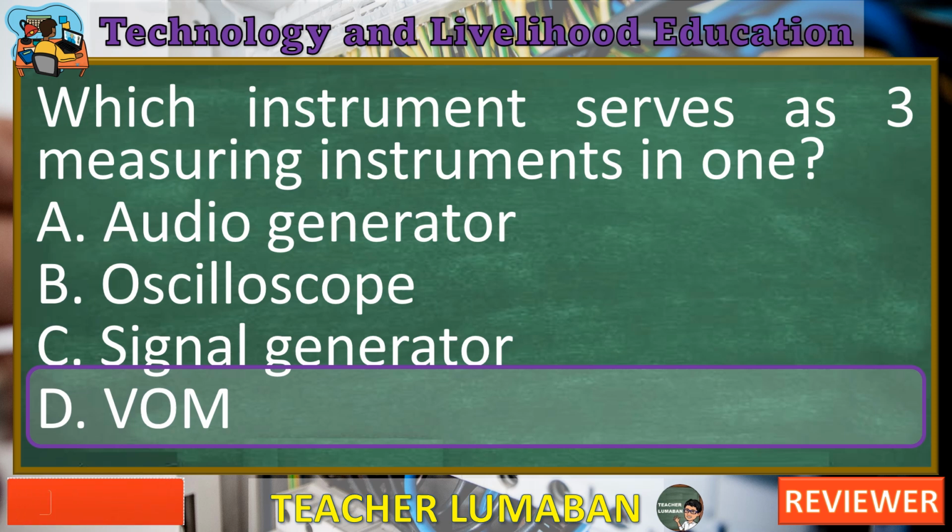C. Signal generator, generates electrical signals with varying frequencies and amplitudes for testing purposes but does not measure voltage, resistance, or current. Therefore, the instrument that serves as three measuring instruments in one, voltmeter, ohmmeter, and ammeter, is the VOM.